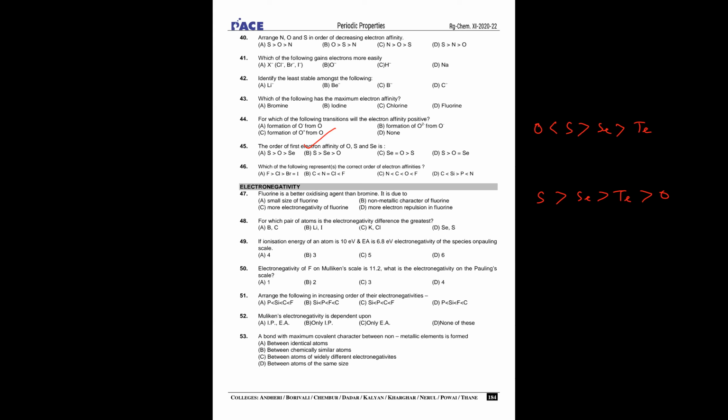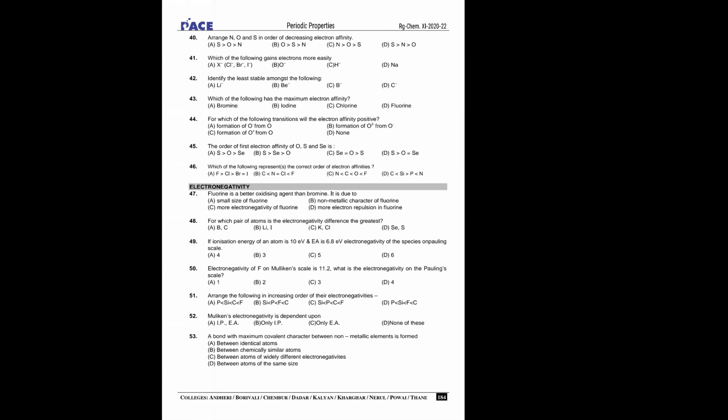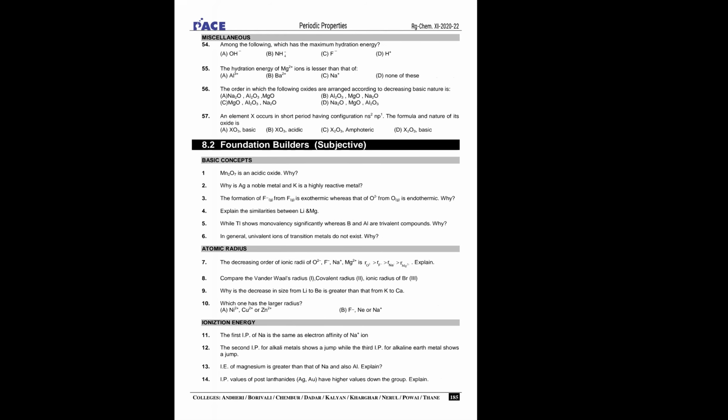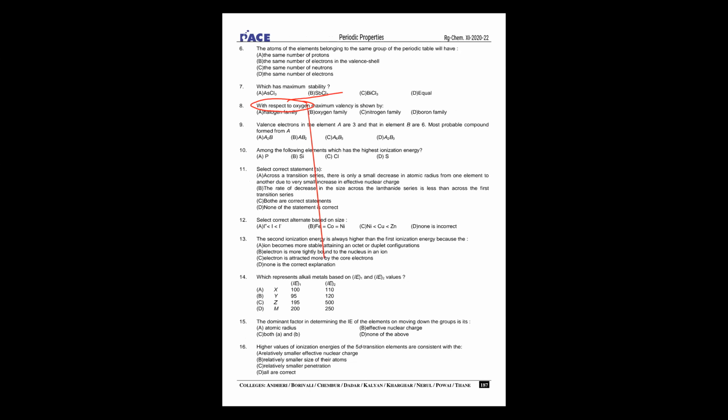Next, we'll do question number 8 of Get Equipped with JEE Main. With respect to oxygen, मतलब when bonded to oxygen. Statement का मतलब हुआ when bonded to oxygen, maximum valency is shown by which element?